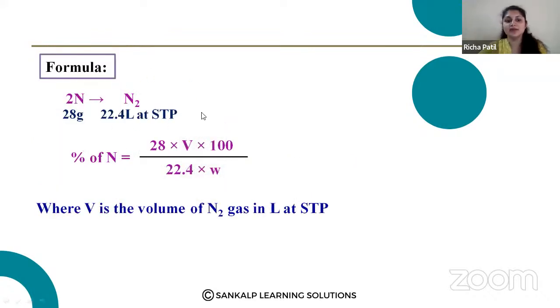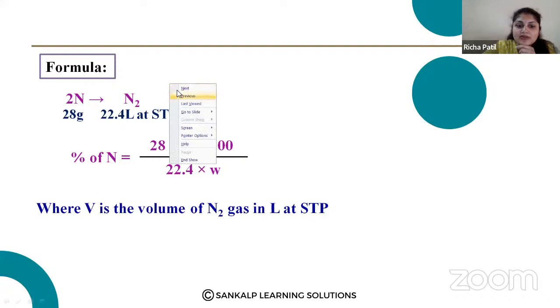Percentage of nitrogen is given by 28 into volume into 100, where the volume is that of the gas in liters at STP, upon 22.4, the standard molar volume, into the weight given. So if they ask you to calculate the percentage of nitrogen by the Dumas method, you have to use this particular formula.